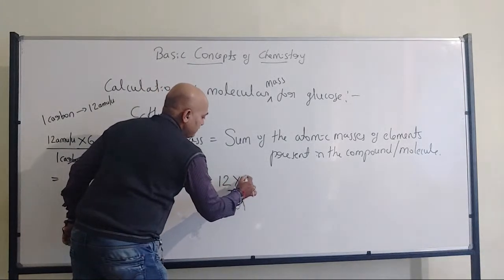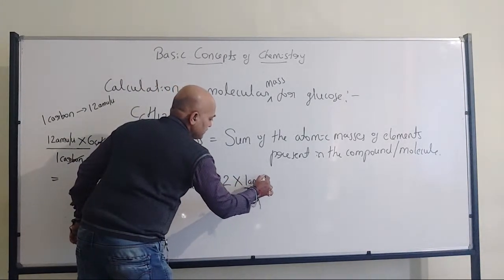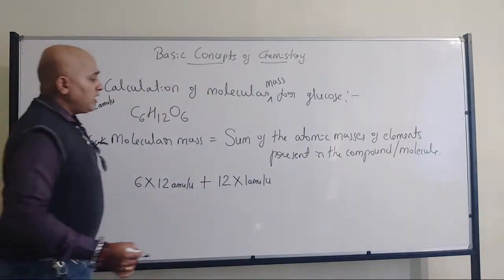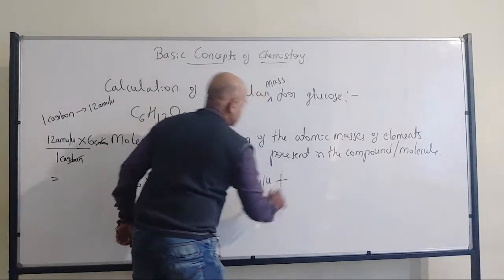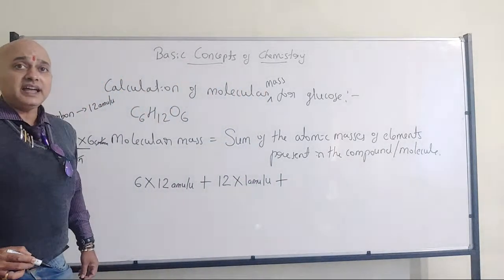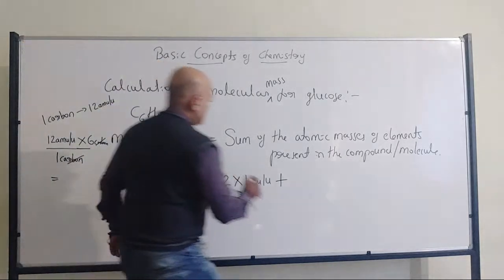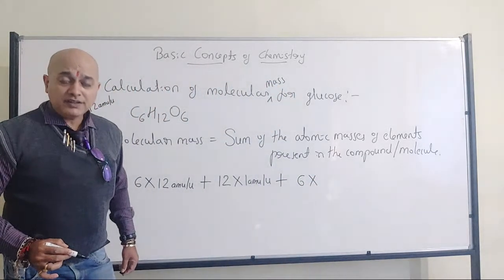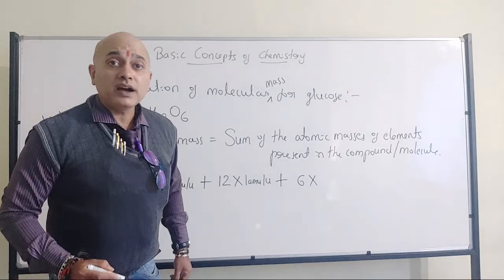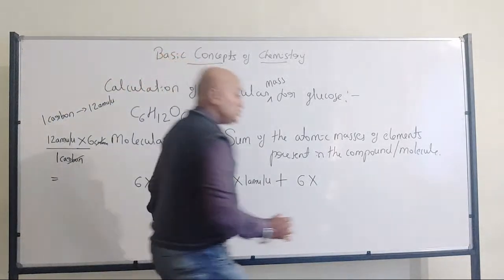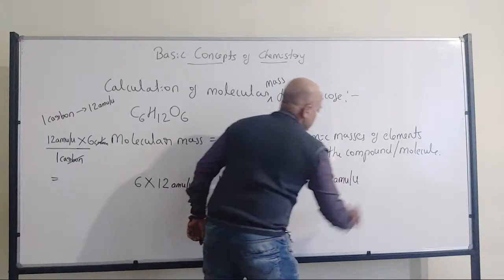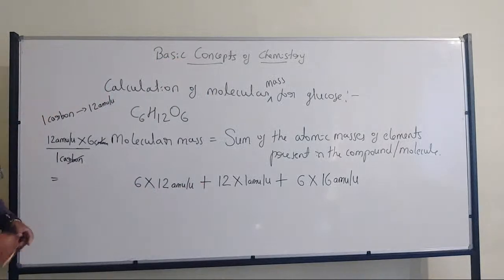Each hydrogen will weigh 1 atomic mass unit or unified mass, plus how many oxygens are there? 6. So 6 into 16, each oxygen atom will weigh 16 atomic mass unit or 16 u. That's where unified mass. So this is where we have the calculation.